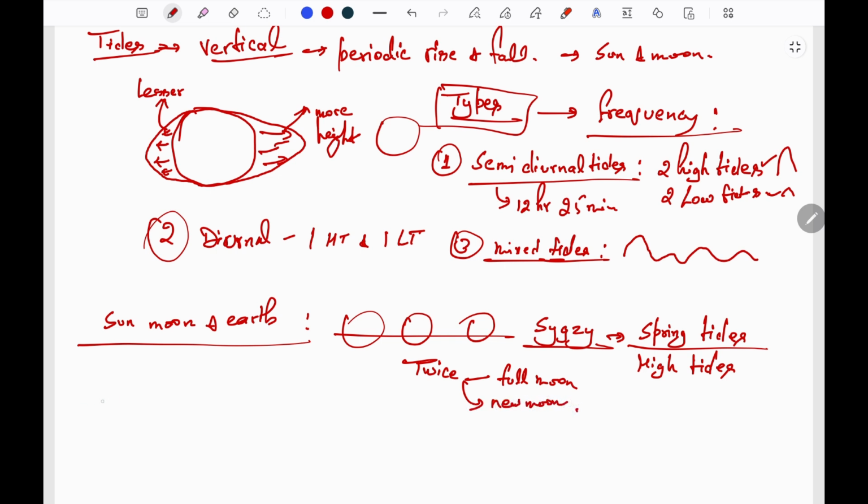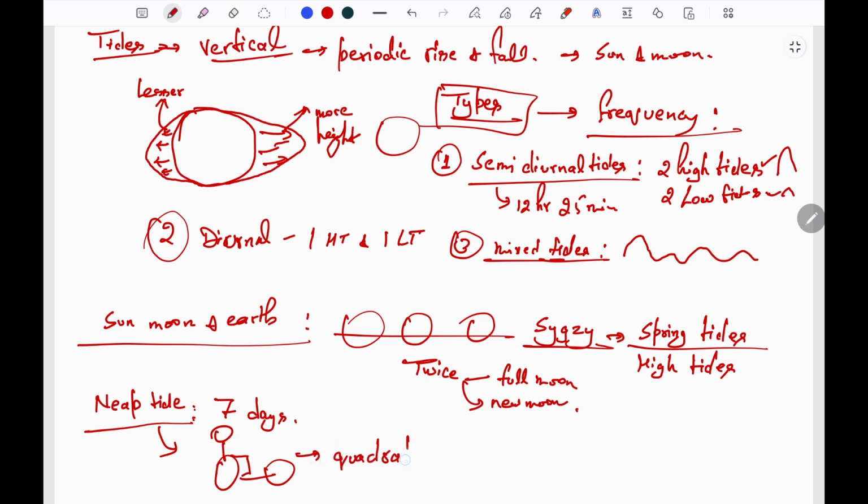Now comes the other type of tide which is known as neap tide. The difference between this neap tide and spring tide is generally 7 days. For neap tide to occur, the earth, sun, and moon would be at an angle of 90 degrees, that is known as the position of quadrature.